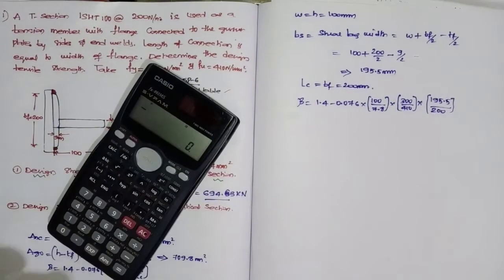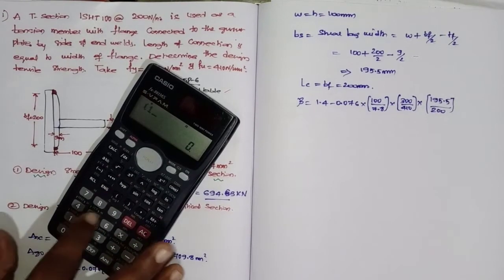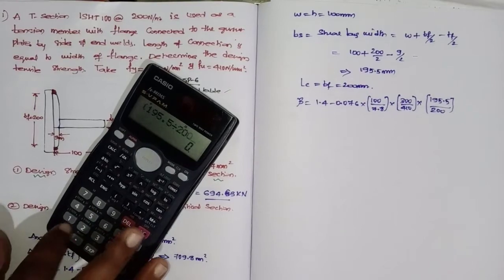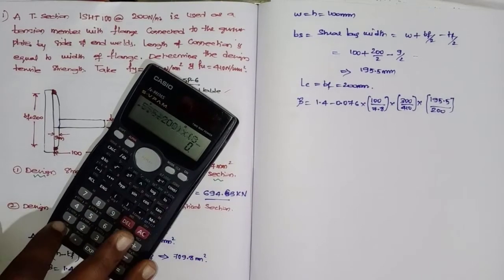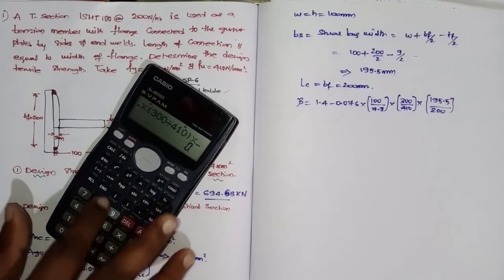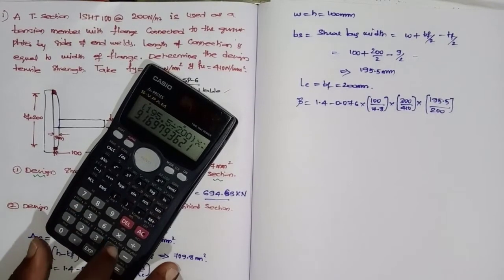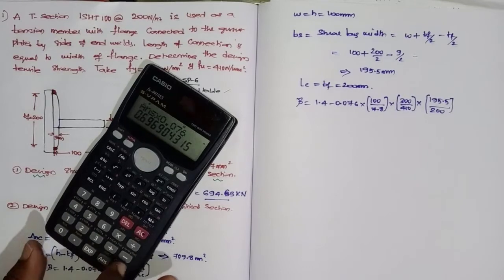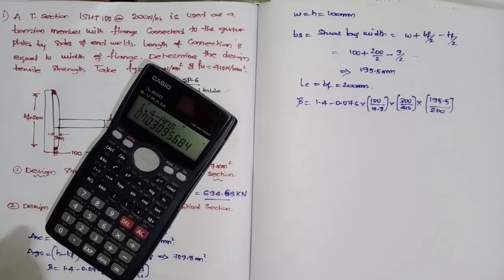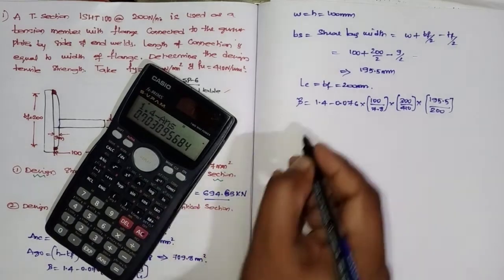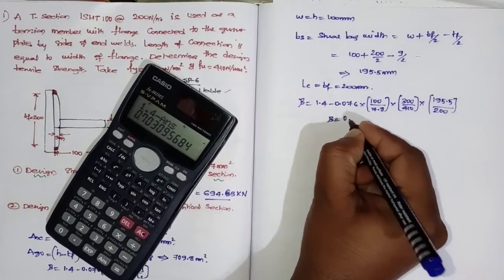If I solve this, 195.5 divided by 200 into 300 by 410 into 100 divided by 7.5 into 0.076, then 1.4 minus answer. So how much are you getting? You are getting beta as 0.703.